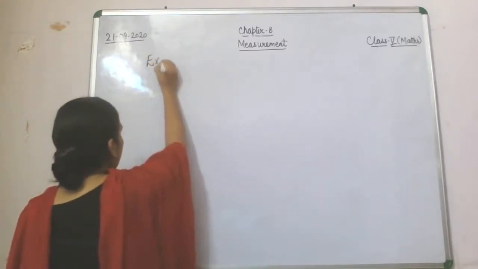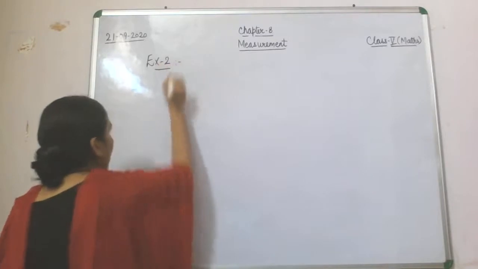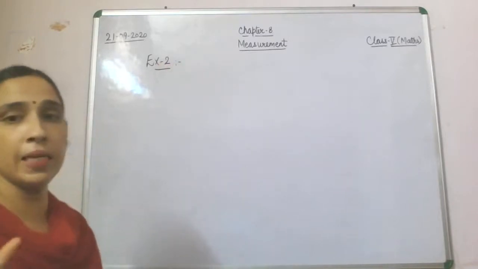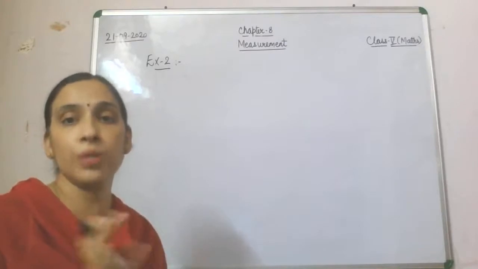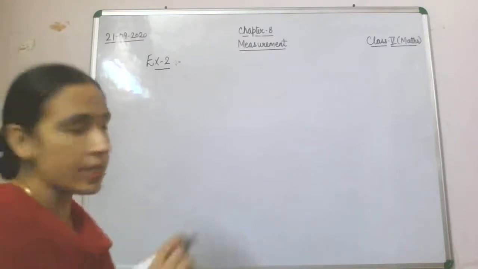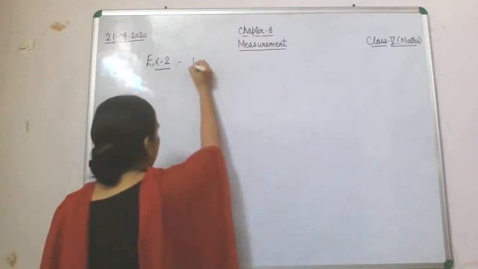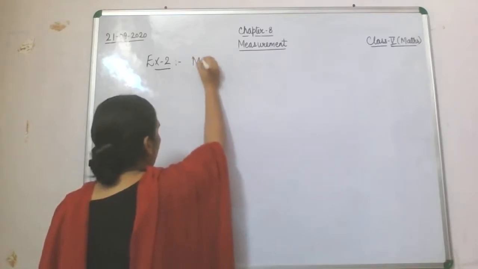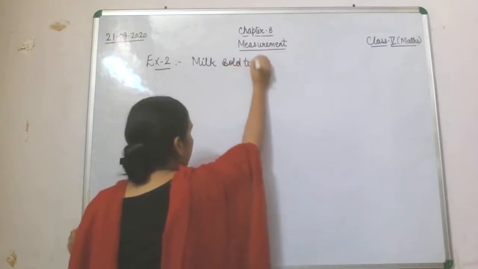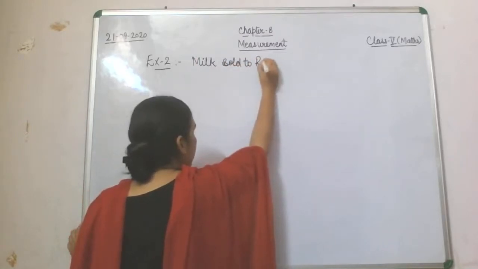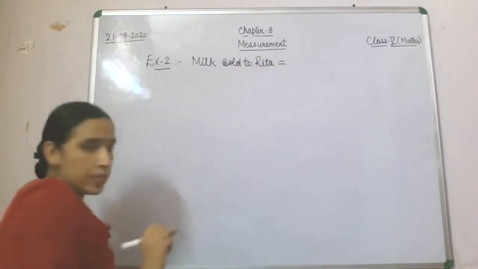Statement you can frame in your own words, a simple statement only you will frame, which you don't need to cram. Fine. So what is there? Milk sold to Rita. So first we will write how much milk is sold to Rita.